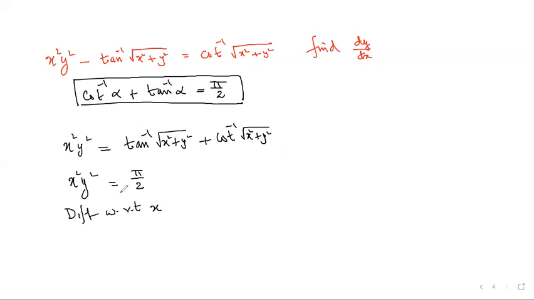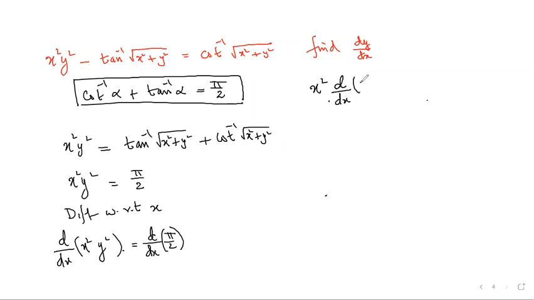If you can do any simplification before your derivative starts, it will be easy for you to do the problem. d by dx of x square y square equals d by dx of pi by 2. When you apply the derivative of x square y square, you need to apply product rule: x square into d by dx of y square plus y square into d by dx of x square. And the derivative of pi by 2 is 0.